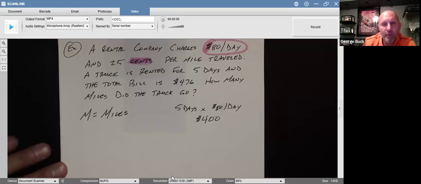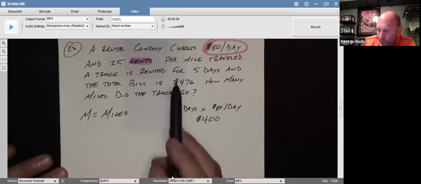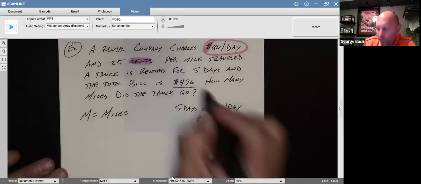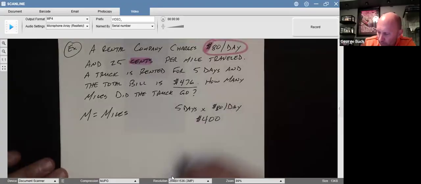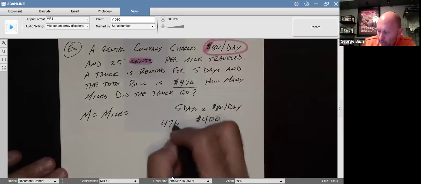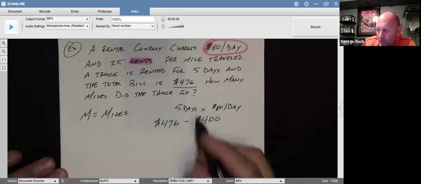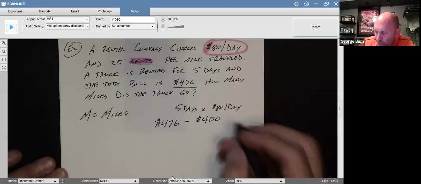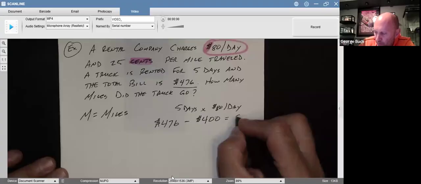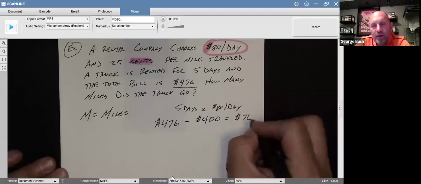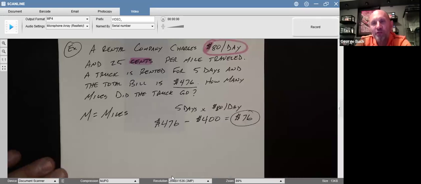So if we look at that compared to what was given in the problem, our total bill was $476. But if we know that of that $476, $400 was just the cost to rent the truck, that means we have $76 that we got charged because of the mileage, right? So now we can create our equation.